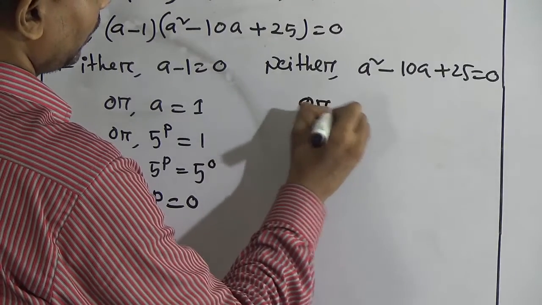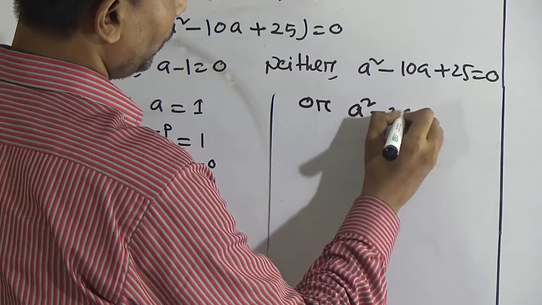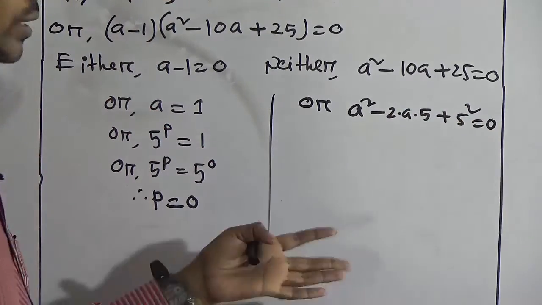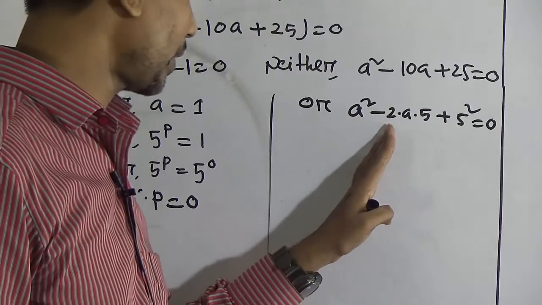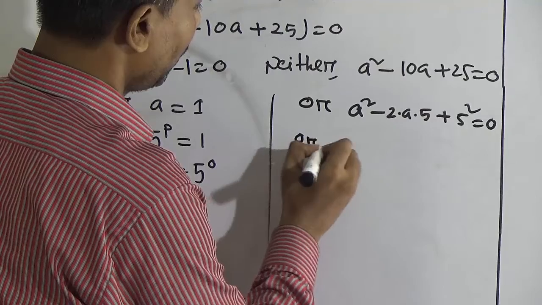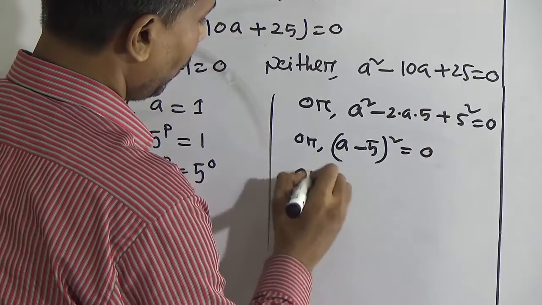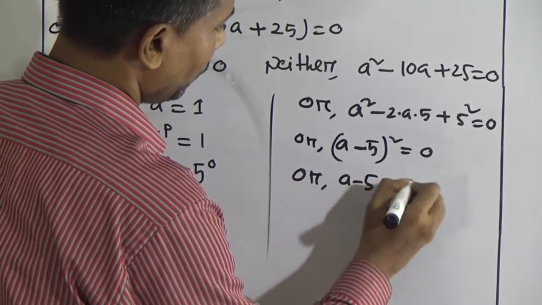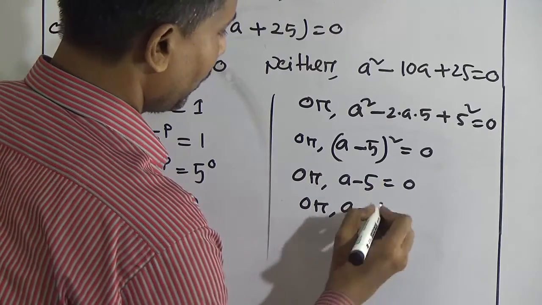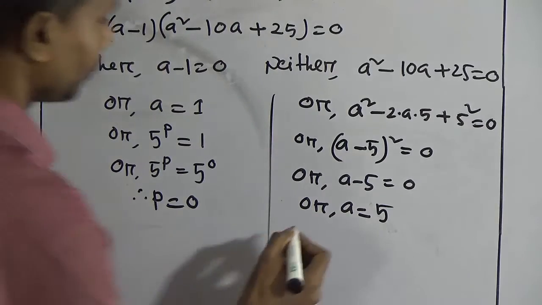Or on this side, a square minus 2 into a into 5 plus 5 square equal to 0. Now see, this is the formula a square minus twice ab plus b square. Okay, this is the form. So we can write here a minus 5 whole square equal to 0, or a minus 5 equal to 0, therefore a equal to 5.